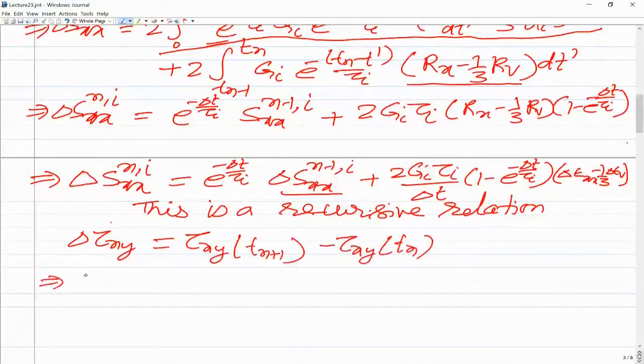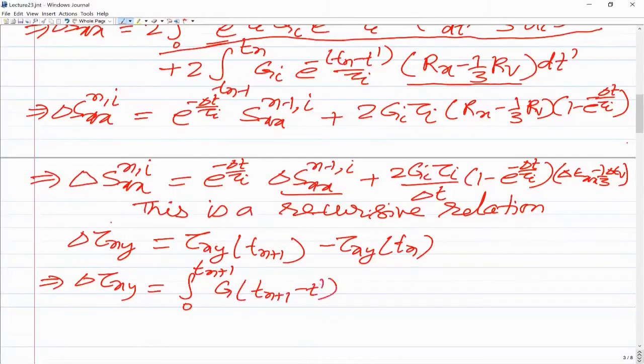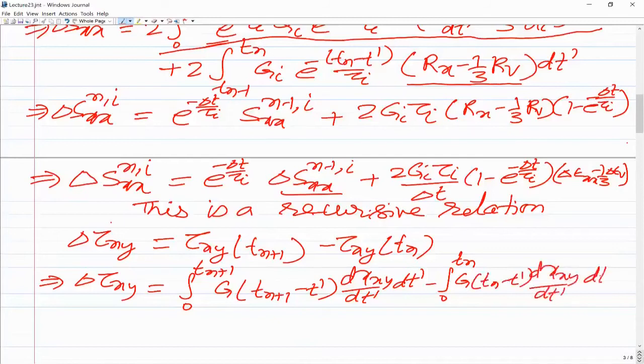So by definition, we know from the Boltzmann integral that tau xy at tn plus 1 is integral 0 to tn plus 1 of g evaluated at tn plus 1 minus t dash into d of gamma xy by dt dash into dt dash, and minus integration 0 to tn. Now I am writing tau xy at tn, so that would be integral 0 to tn of g of tn minus t dash into d of gamma xy by dt dash into dt dash.